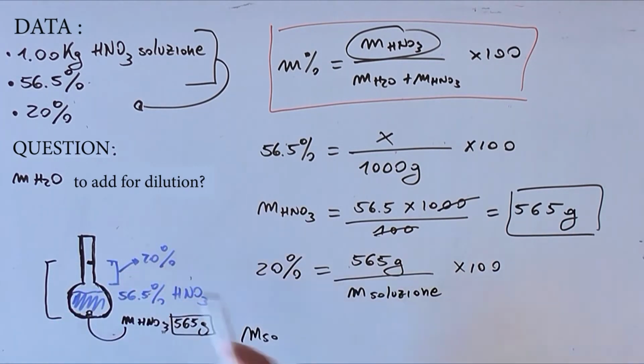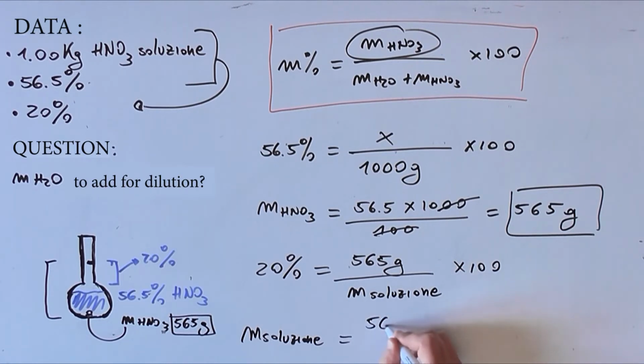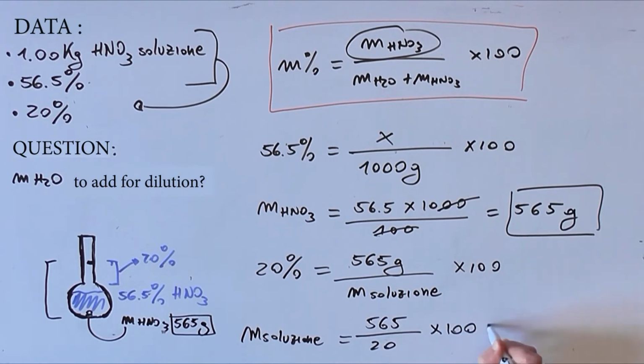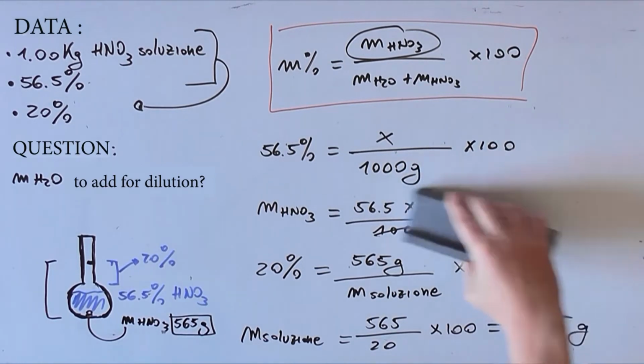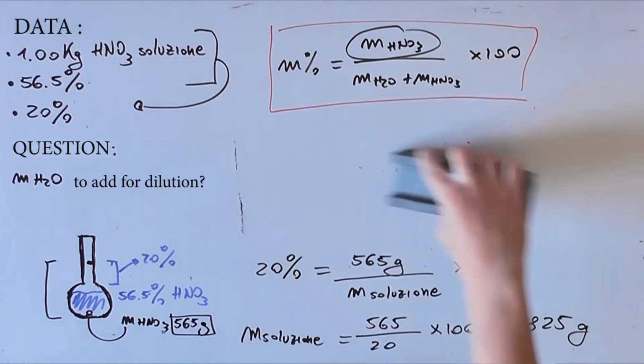So this is equal to 565 divided by 20 and times 100, and it equals 2825 grams.